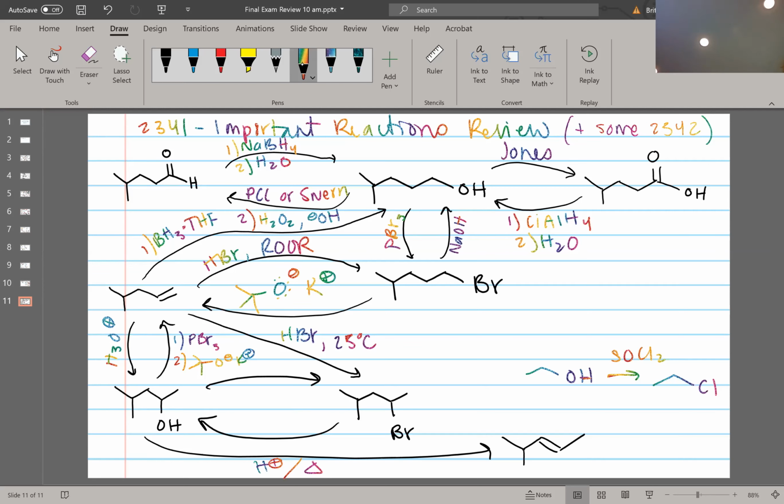Okay, we're almost done. Secondary alcohol to secondary alkyl halide. Is this any different than what we did earlier to alkyl halide? Isn't it just PBr3 again? Yep. And then if we wanted to go to the alcohol, what could we do?